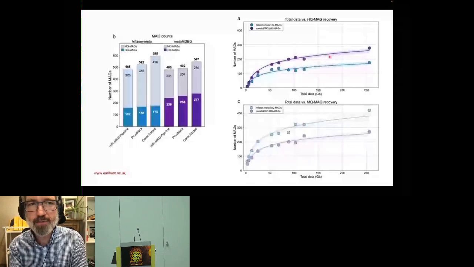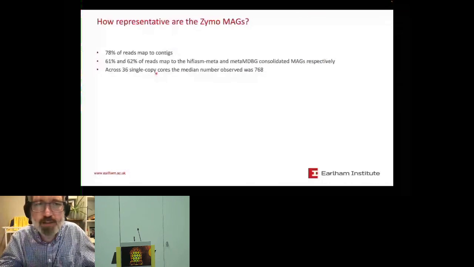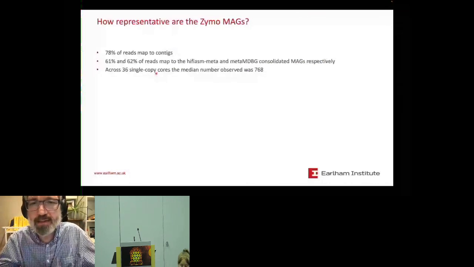We can get a sense of that, though, in 2 ways. One is, again, to look at the fraction of reads mapping onto the MAG collection, and that was about 60%. Another way is to look at the single copy core gene number in the assembly.